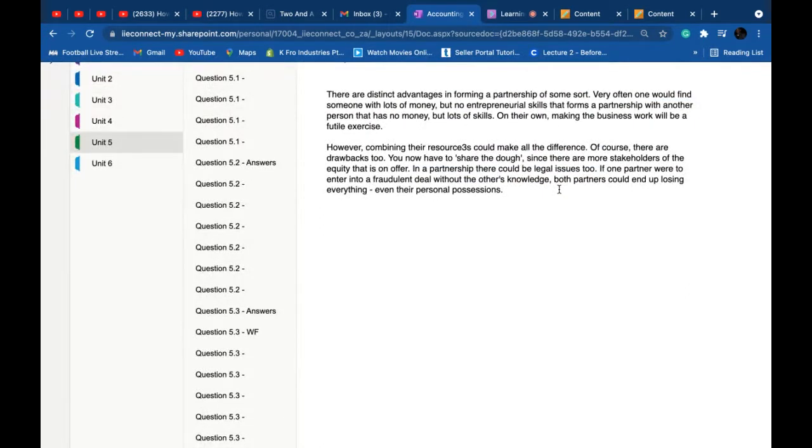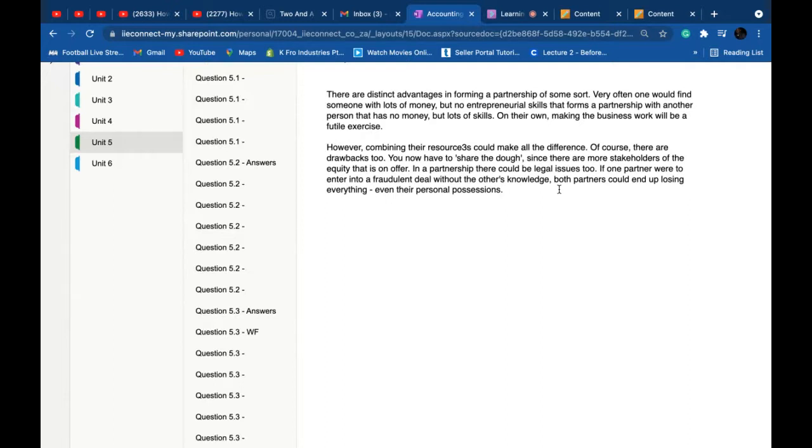So let's see, what do they want us to talk about? In 5.6, under the required, they say discuss the advantages of bringing in a partner that might have expertise in a different field than you in order to make your business more successful.